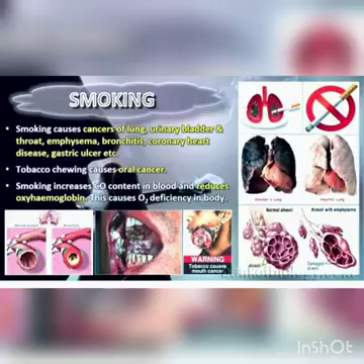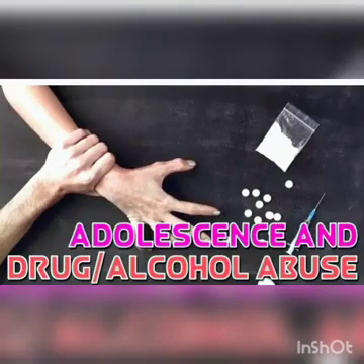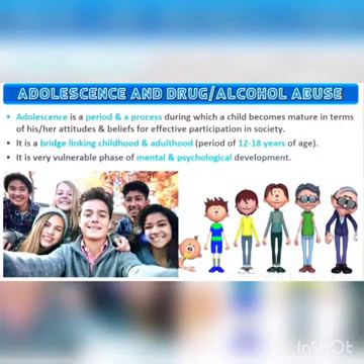Now, why are adolescents linked with drug or alcohol abuse? Adolescence is a period, or you can say a process, during which a child becomes mature in terms of his or her attitude and beliefs for effective participation in society.